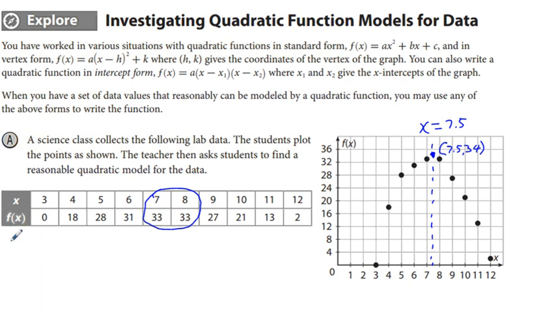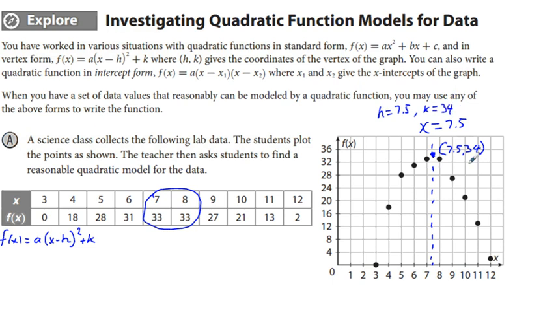In vertex form, I'm going to write the vertex form here first. It's going to be f of x equals a times quantity x minus h squared plus k. When we have this vertex at the top here, h is equal to 7.5, and k is equal to 34.